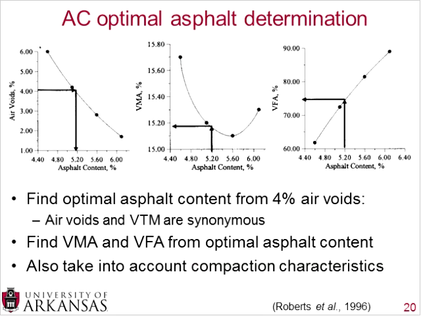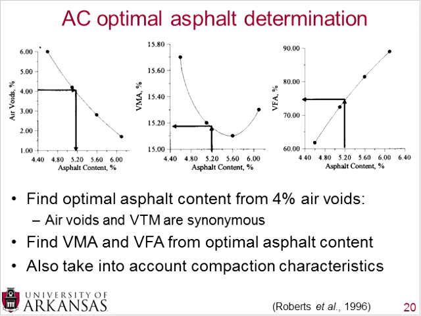So I've been talking a lot about estimated asphalt contents and going plus or minus certain percentages of asphalt cement, and these graphs visualize that very nicely. On the left graph, you're designing for a certain air voids, and in this example it's 4%, so you compact samples at multiple different asphalt contents, and as you make that curve, you're able to determine what is the optimal asphalt content by taking a point from the 4%, going over to the curve, and then dropping down to the asphalt content.